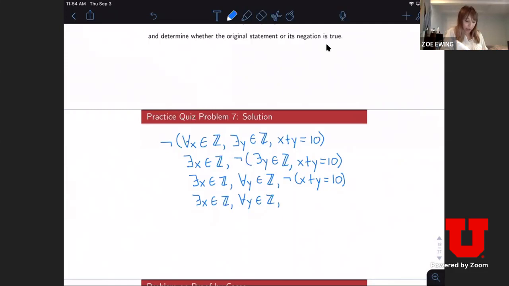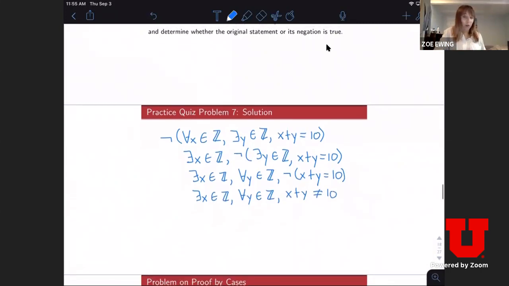For this last one, what is the negation of x plus y equals 10? x plus y is not equal to 10. Awesome. The second part of this problem is figuring out if the original statement or the negation is true.